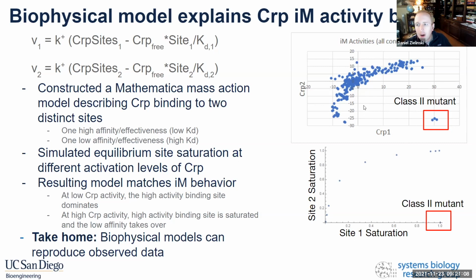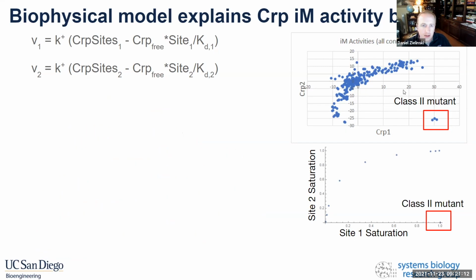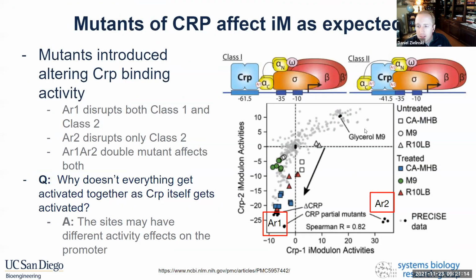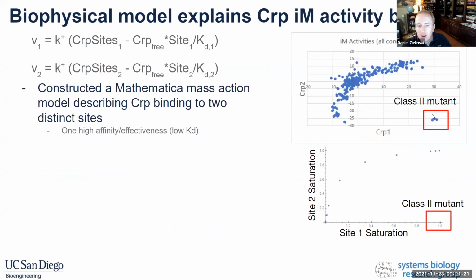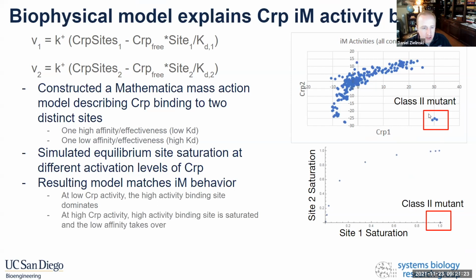That model was able to reproduce not only this observed curve, the interaction between the CRP1 and CRP2 iModulons, but also the behavior of the mutants, showing that the mutants that only affect one of these will end up over there.